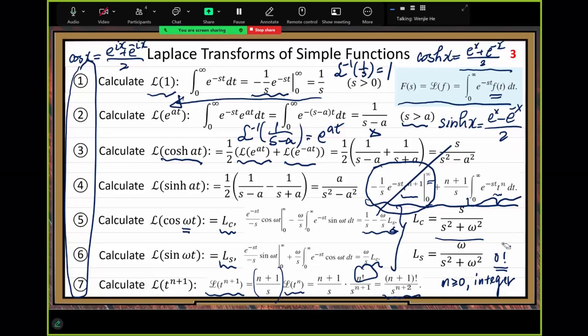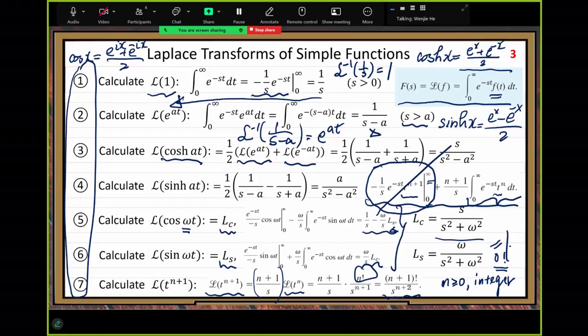Oh, sorry, it must be 1. Can you imagine why 0 factorial is 1? How to explain it? 1 factorial is 1, but 0 factorial is also 1. How to understand that?